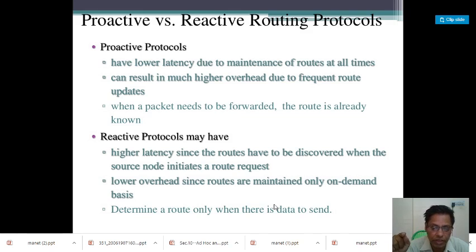A route is determined only when there is data to send. Only then does it determine a route for sending the packet to the destination.